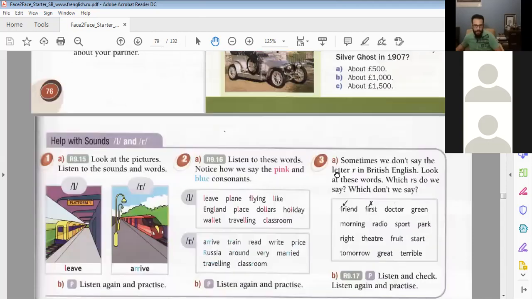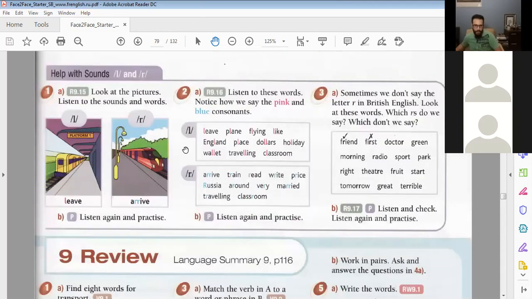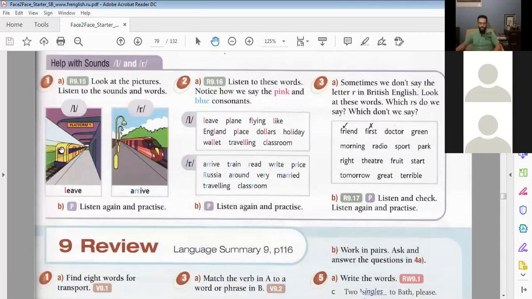Okay, now here we have some pronunciation. The difference between the letter L and the letter R. Of course, in Arabic we don't have a problem, I think, with the letter L and R, but in some languages, for example Japanese, when they learn English, they have a problem with R and L. But here we want to practice the sounds a little bit.